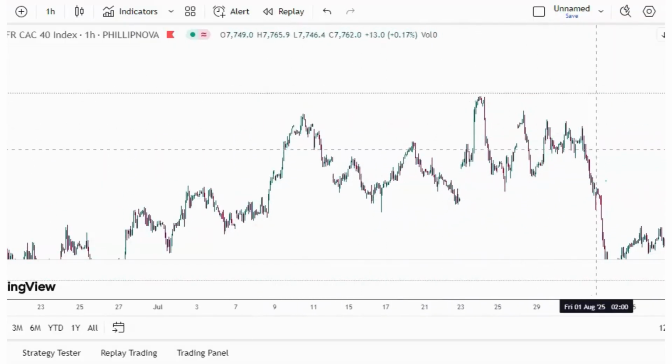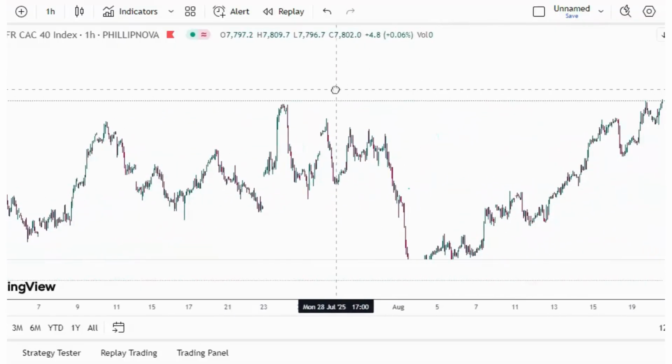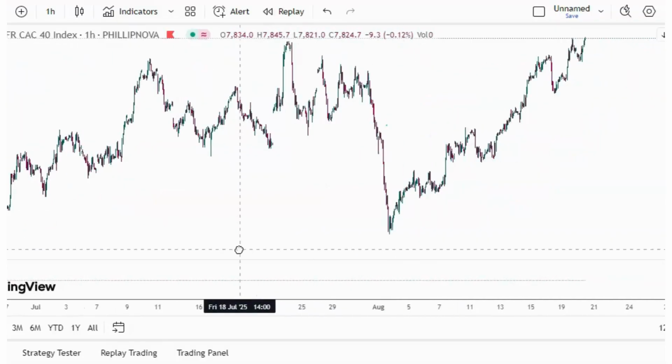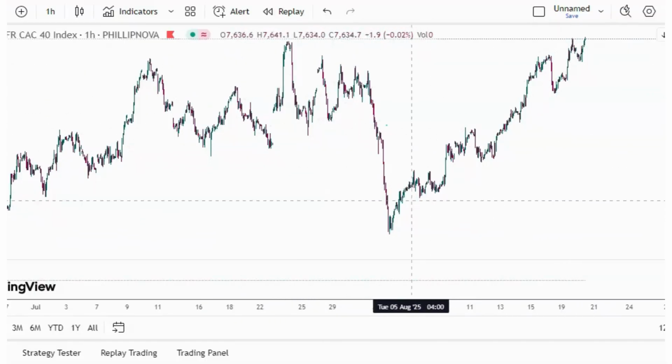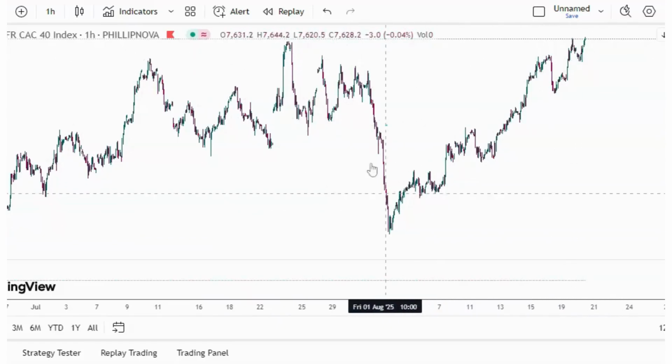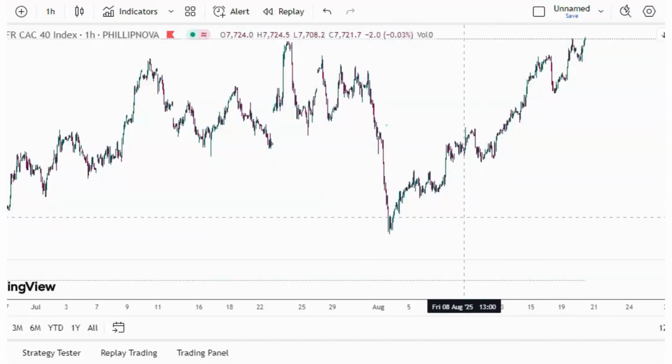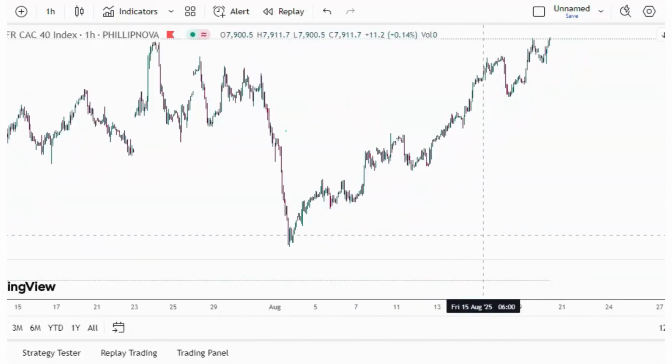So as we can see, the price was very choppy here. What else can I see in this chart? If I see here a rising trend, is it forming any kind of pattern or trend lines? Yes, a possible trend line here.